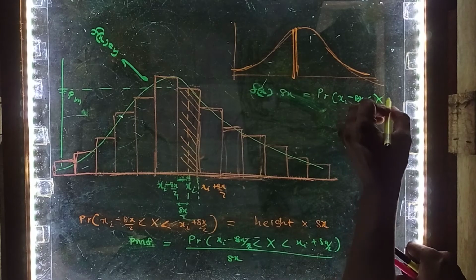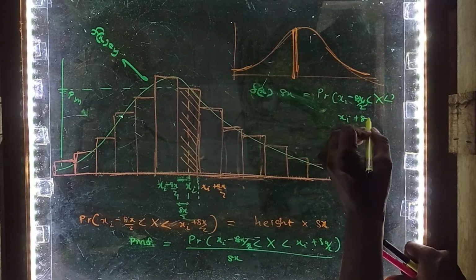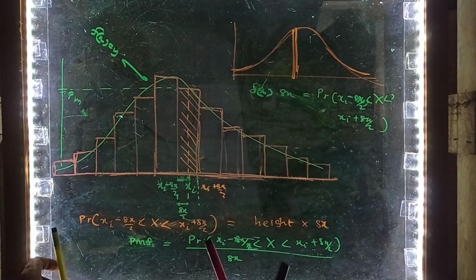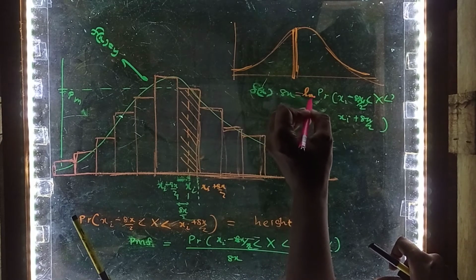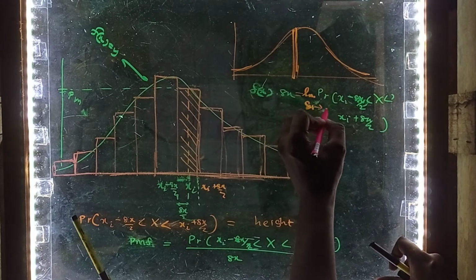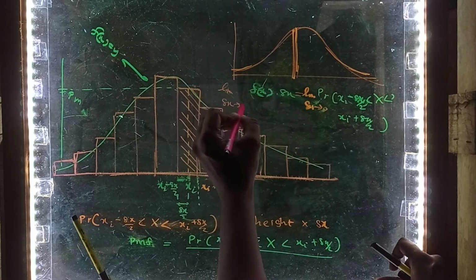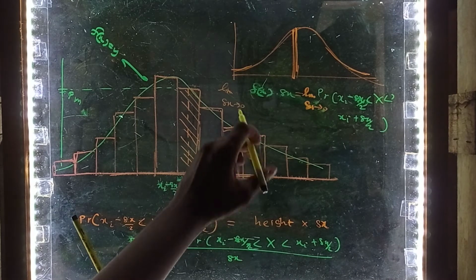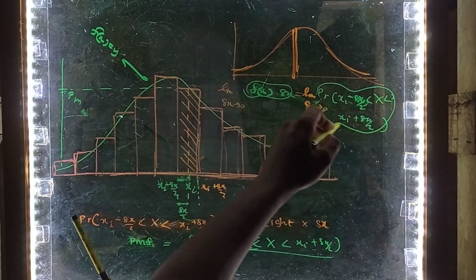Same as I explained before, xi plus delta x upon 2. Then I'm going to let delta x tend to 0. We need to let delta x go to 0, and you can see these are probabilities.